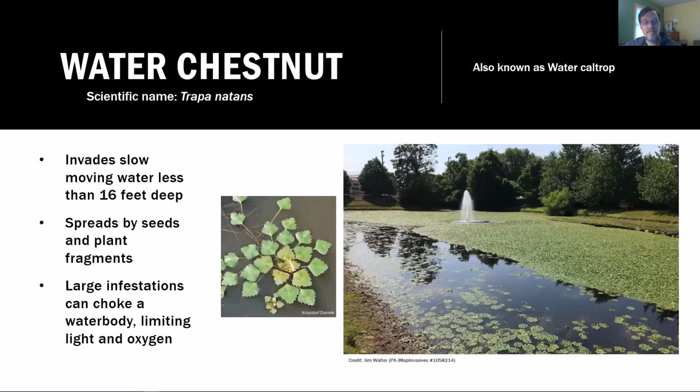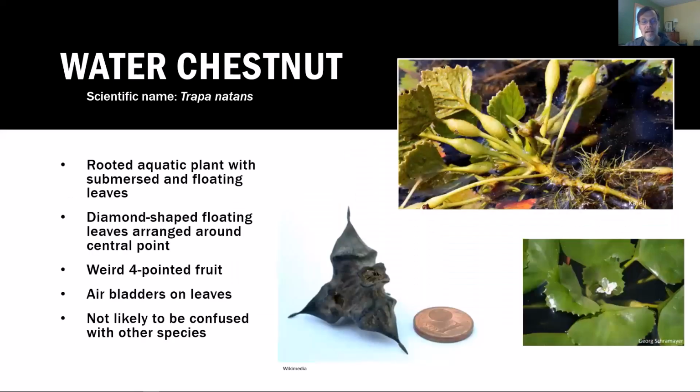The picture on the left there, you can see the diamond-shaped leaves that form in a rosette, well, not really a rosette, but it's the point where the vine comes up and touches the surface. Next slide. And if you were to turn that rosette of leaves over, you'll see these inflated bladders on the stems, and that's how it stays up on the surface.